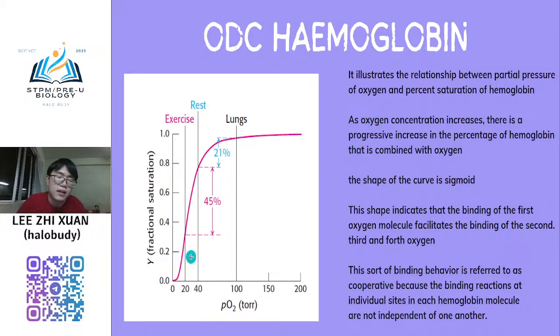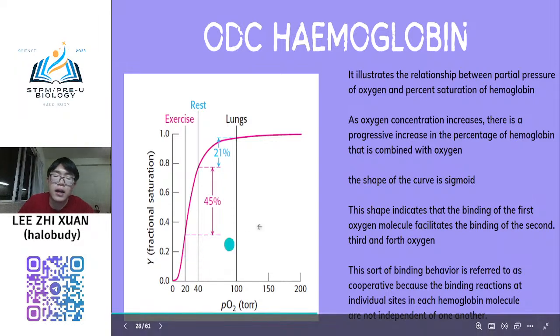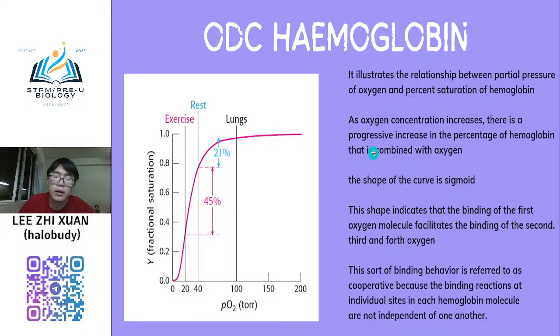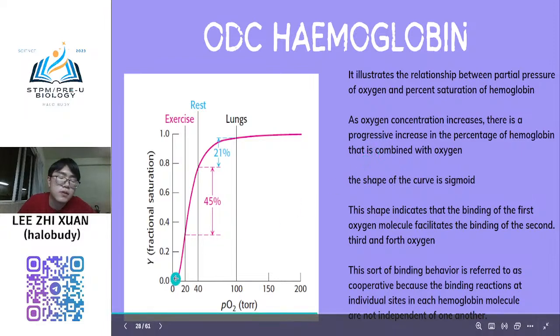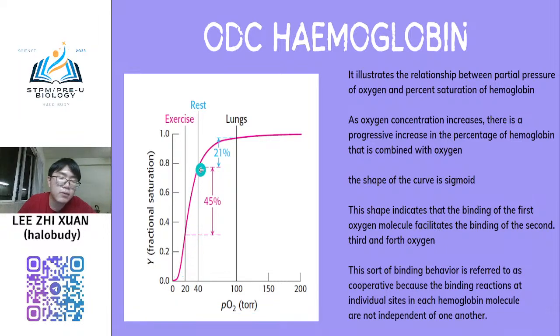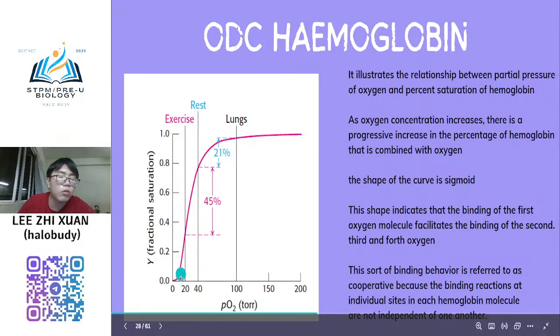When the oxygen concentration is very high, it is very easy to reach the saturation point compared to low oxygen concentration. Oxygen partial pressure, sorry. Oxygen concentration or oxygen partial pressure are both acceptable, but we recommend using partial pressure.